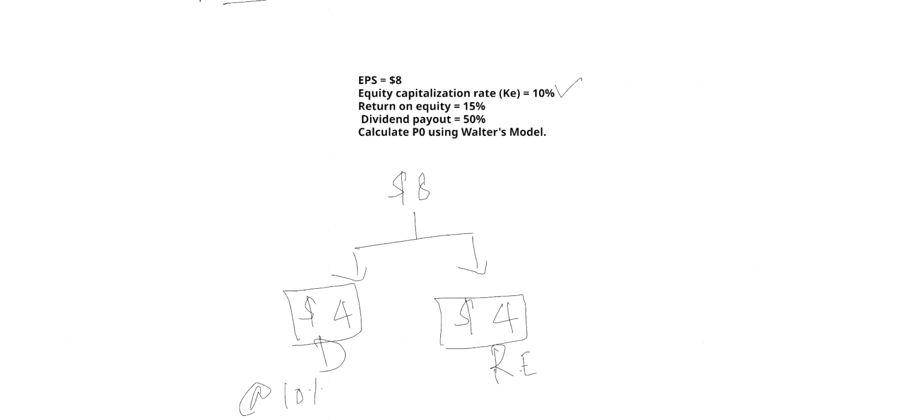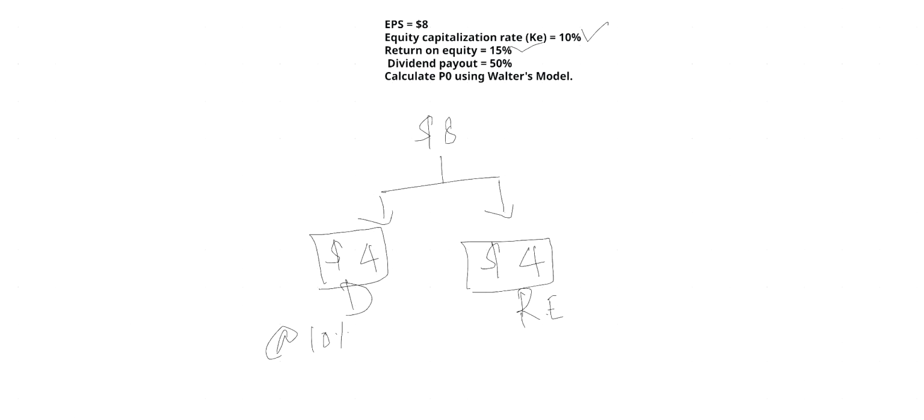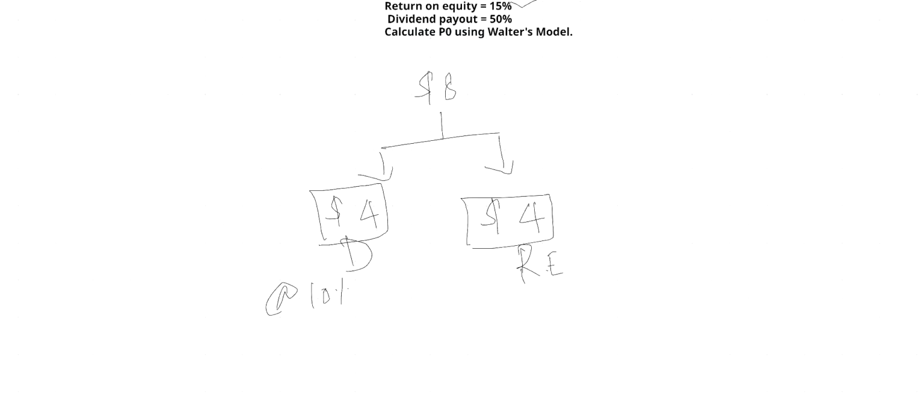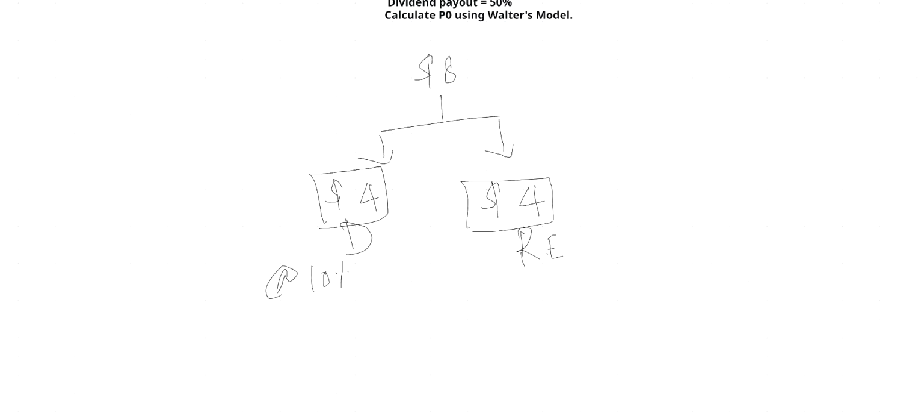It is 15%, right? So the company will not reinvest this $4 at 10%, but instead they will reinvest this $4 at 15% because that is the return generating capacity of the company. So the company will reinvest this $4 at 15%, right?